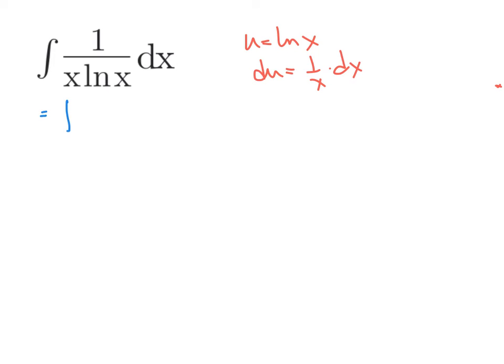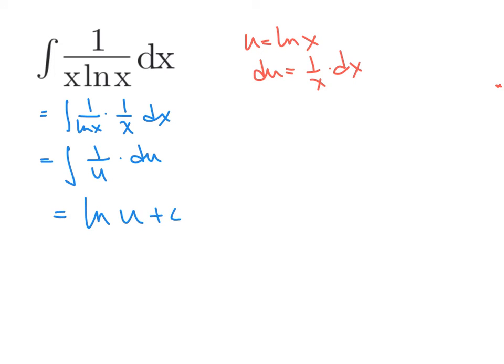Because I have 1 over x times the natural log of x, that's the same as 1 over natural log of x times 1 over x dx. And using our u substitution, then, we would have 1 over u, and 1 over x dx is du. And we already know that the integral of 1 over u du is natural log of u, or since u is natural log of x, we'll have natural log of x.